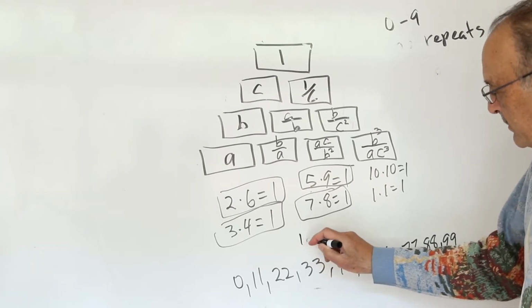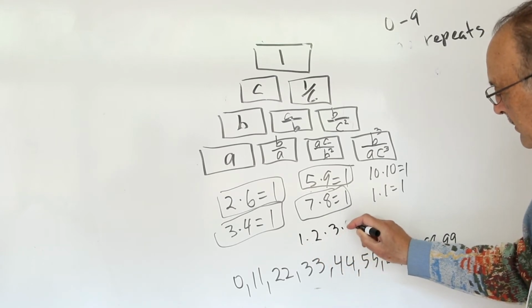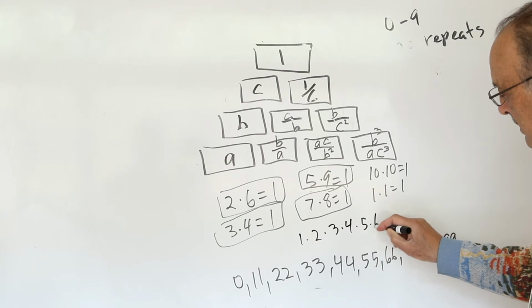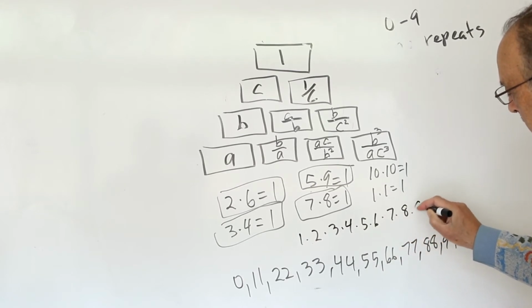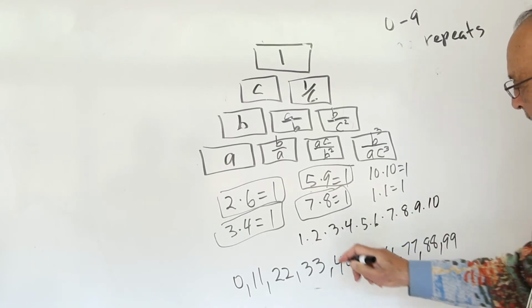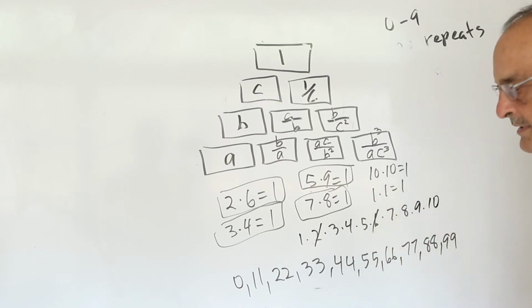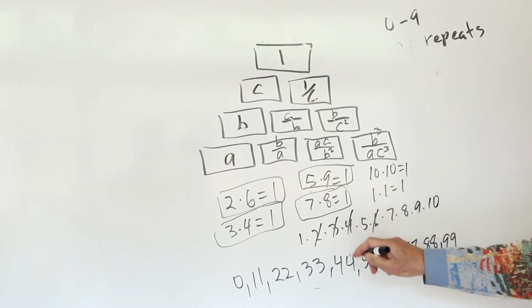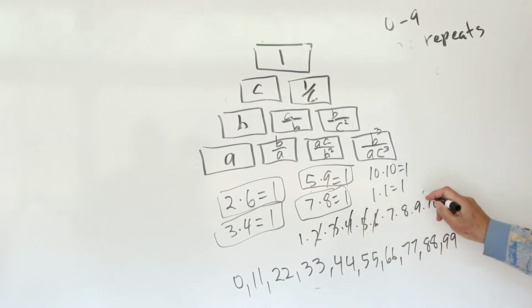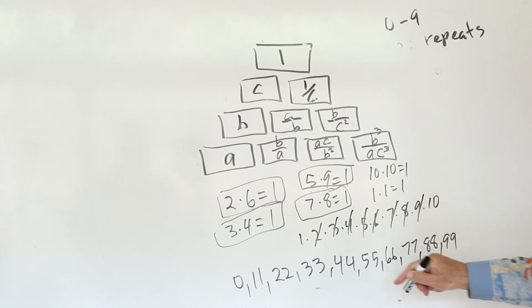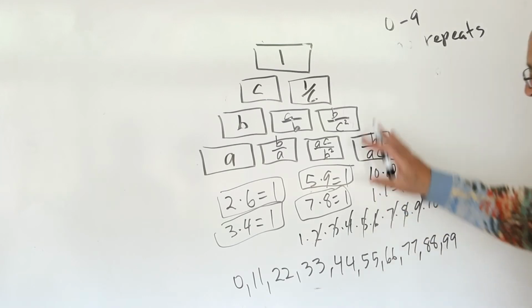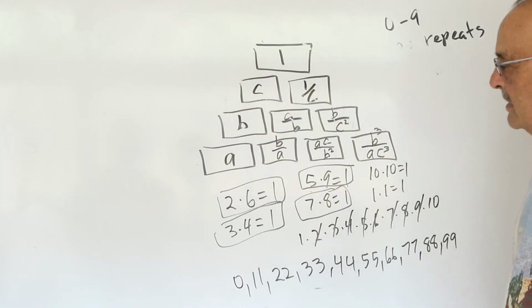Well, if you write this out, you can cancel 2 and 6 because they make 1. 3 times 4 is 1. 5 times 9 is 1. And 7 times 8 is 1. So when you multiply all these numbers, you get 10. So if we were to multiply all this, things would cancel, but we would end up with 10.